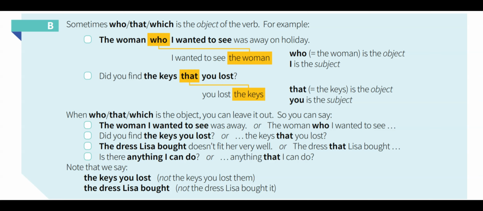Okay, so that's saying there, where we say everything that they said. The reason why we can't say everything what is because what equals a thing. We have to say everything that they said because everything is our noun.